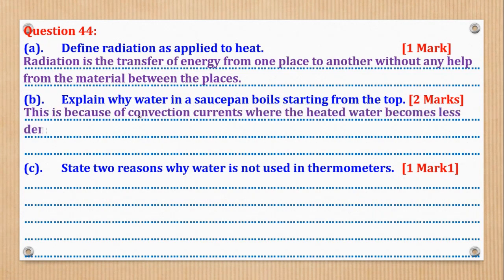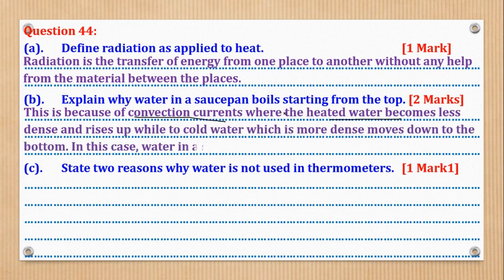So this is because of convection currents, where the heated water becomes less dense and rises up, while the cold water, which is more dense, moves down to the bottom. And in this way, water in the saucepan will start boiling from the top.